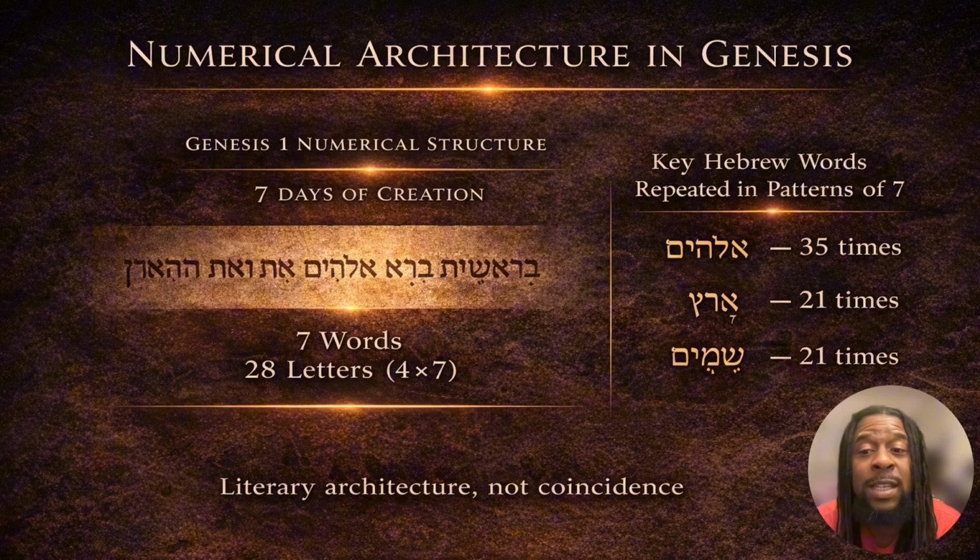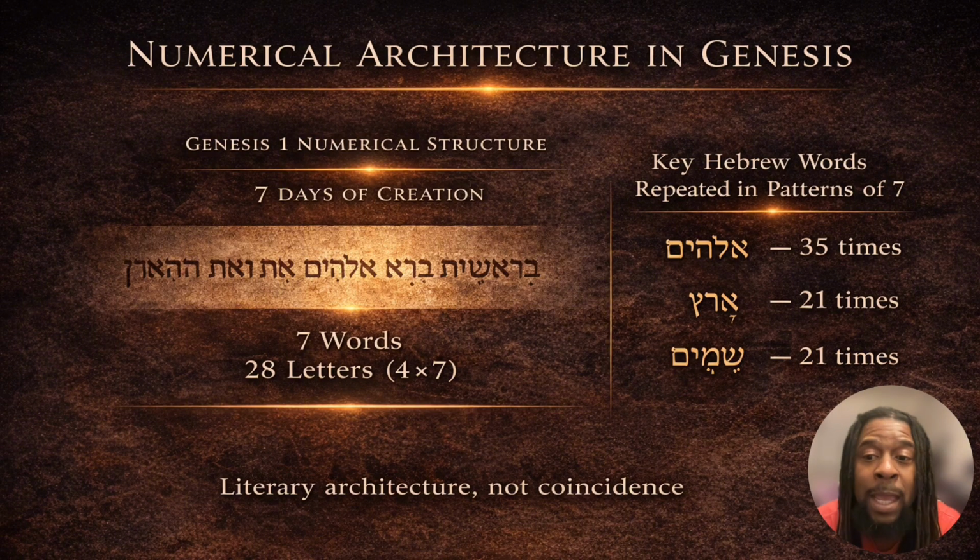One of the clearest examples of numerical structure in the Hebrew Bible appears in Genesis 1. The creation narrative is organized around the number 7. There are 7 days of creation, culminating in the 7th day of rest, but the numerical structure goes deeper than the narrative sequence. The opening verse of the Torah, Genesis 1:1, contains 7 Hebrew words and 28 letters, which is 4 times 7. Key words in the chapter also appear in multiples of 7.